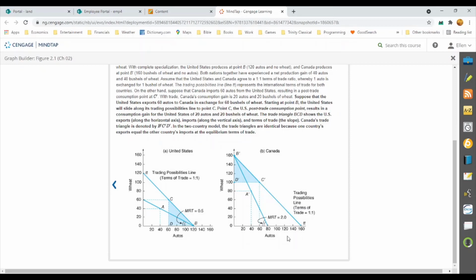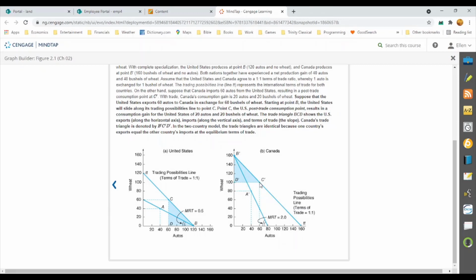Okay. So over in Canada's world, they are producing 160 wheat. They're going to send wheat to us, 1 bushel of wheat to us for every 1 car, until, well, of course, we know they're going to send us the 60 wheat because we're going to sell 60 cars to get 60 wheat. So where do we get the 60 wheat from? From Canada. So they sell us the 60, leaving them with 100.